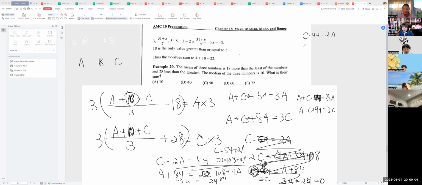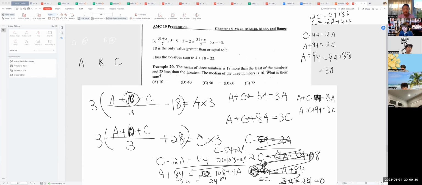And A plus 94 equals 2C. Okay, so why am I making it so hard? So C equals 2A plus 44 and 2C equals 4A plus 88. So A plus 94 equals 4A plus 88.